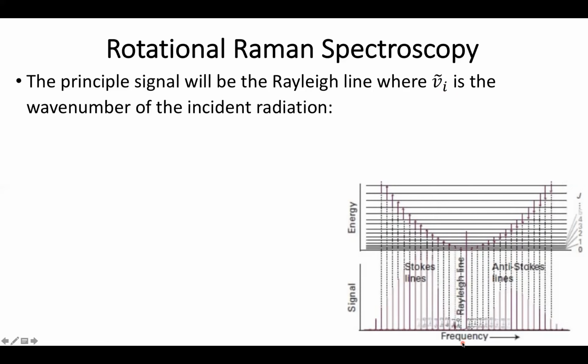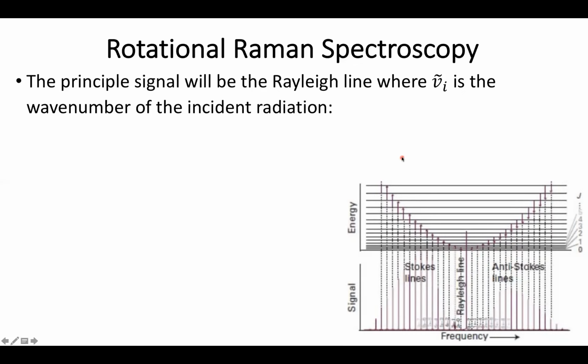As well, you can run into some difficulties of this being the frequency of the original incident light, though usually the setup of a Raman spectrophotometer can depress the observation of the incident radiation. However, we still have to worry about the Stokes and the anti-Stokes lines.